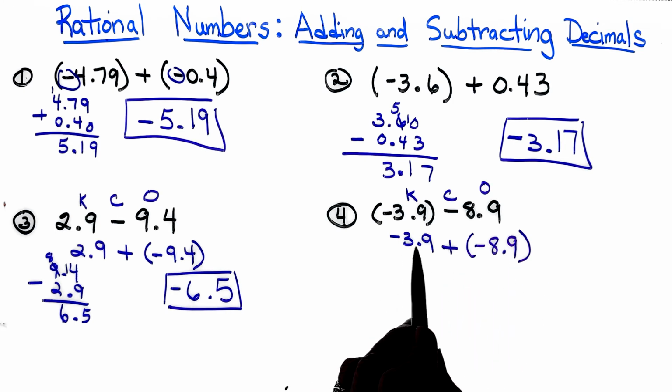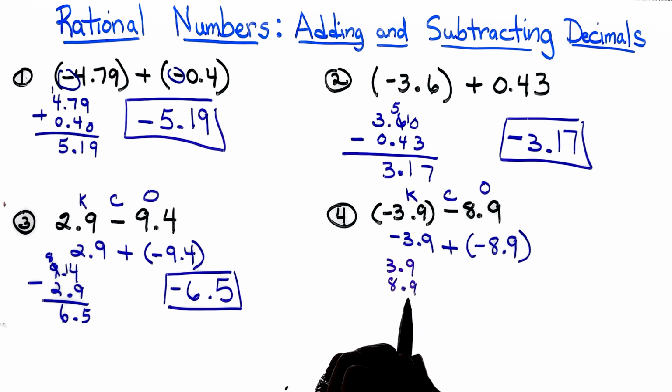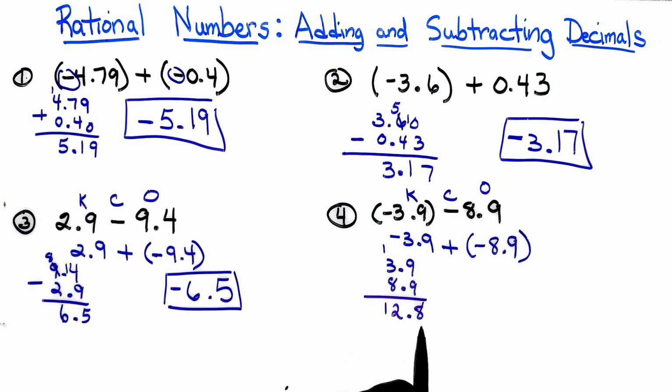Looking at this, they are both negative. So that means I'm going to add them, because when the signs are the same, we will add them. So I can just copy them in any order. It does not matter. And as I'm adding them, I end up with 12 and 8 tenths.